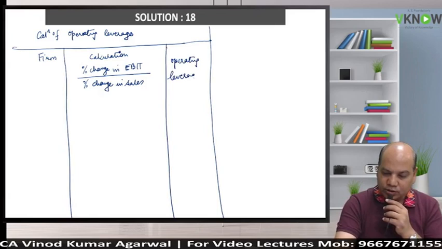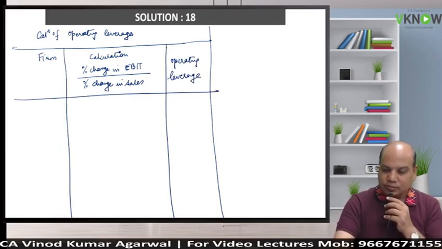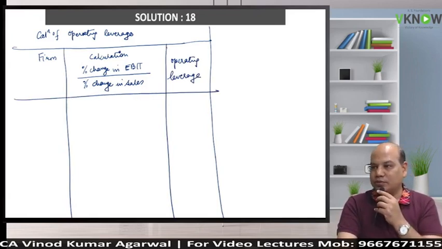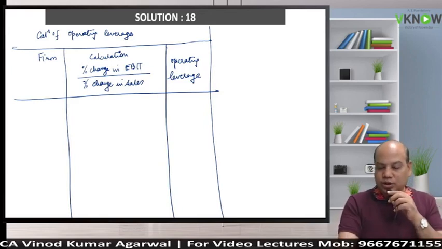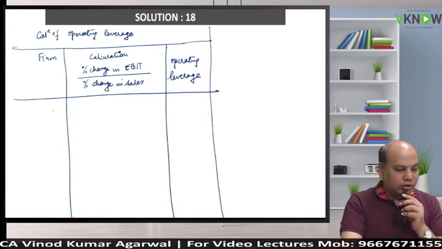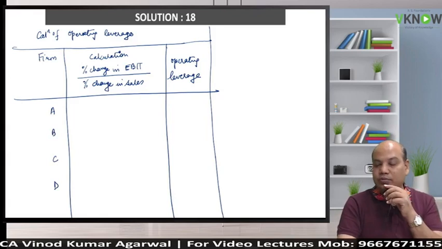Presentation is an art that gives you some extra marks. So make tables wherever possible, write calculations every time. So first keep one line blank and write down A limited, B limited, C limited, D limited.